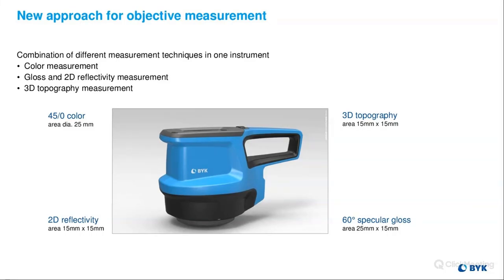So again, this is our spectro2profiler, which includes our 45-0 color measurement with our 60-degree specular gloss measurement, our 2D reflectivity, and also our 3D topography. It has all these different capabilities within the same instrument, so it's nice as a one and done tool that can help in any type of process that you have.